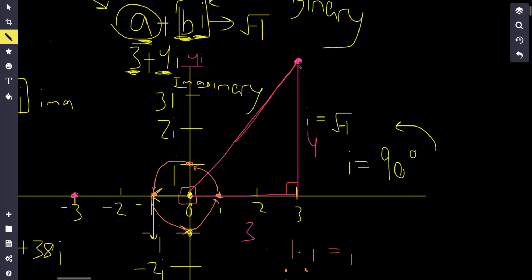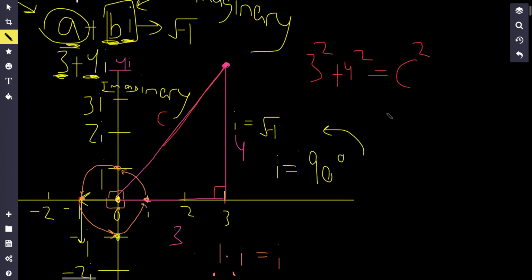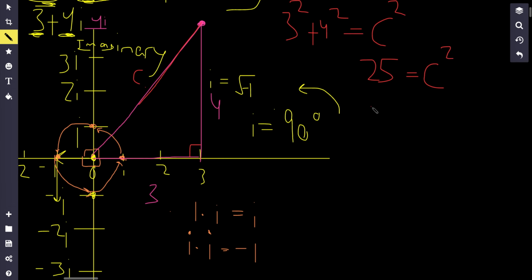Went straight up. So finding the hypotenuse of a right triangle, a squared plus b squared is equal to, let's just call this c, so c squared. We have 16 plus 9, that's 25, is equal to c squared. And then if we take the square root of both sides, we have c is equal to plus or minus 5, sorry, square root of 25.